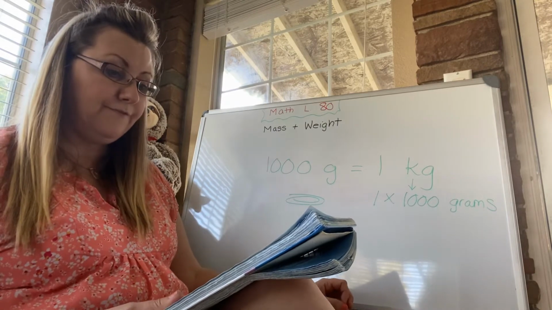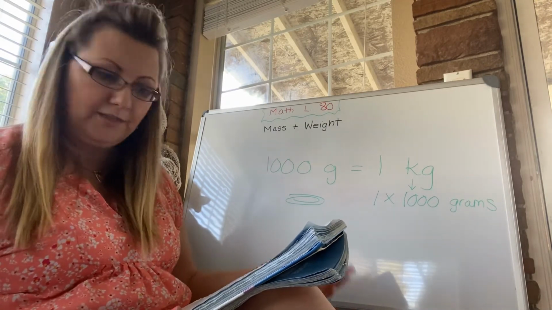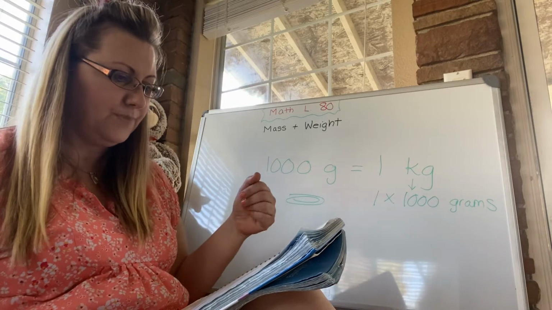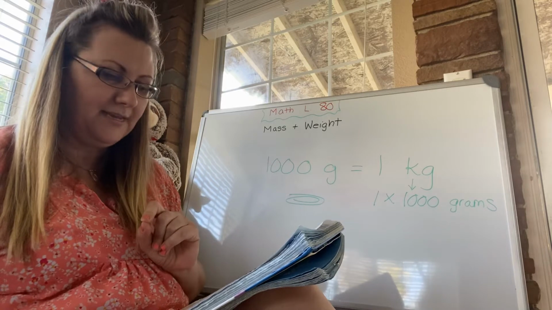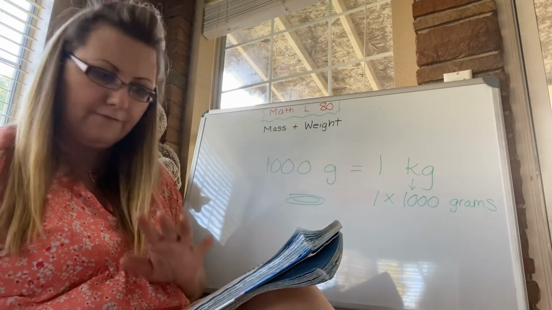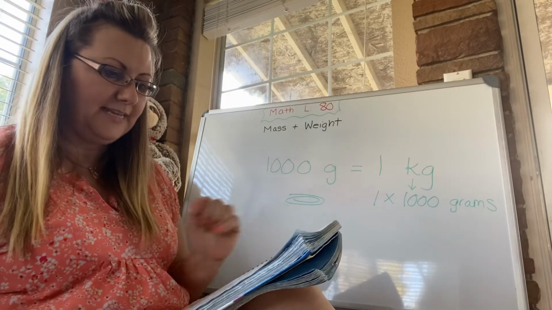we can write a formula for converting kilograms to grams. We use G for grams and K for kilograms, and we can write this formula.